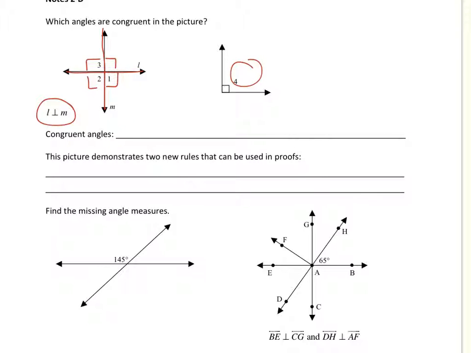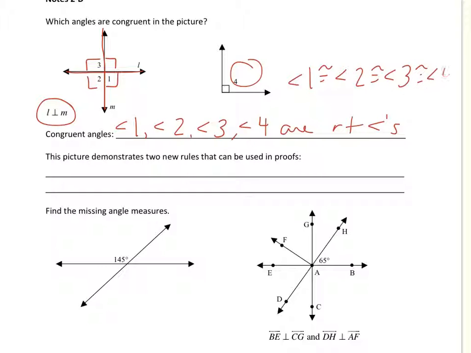So I can say angle 1, angle 2, angle 3, and angle 4 are all right angles, which means they are all congruent angles also. So angle 1 is congruent to angle 2, is congruent to angle 3, is congruent to angle 4.